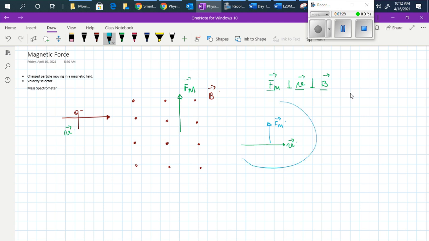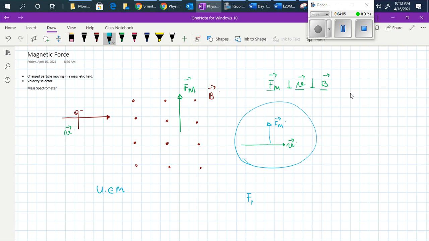When the velocity is perpendicular to the magnetic force, perpendicular to each other, then the type of motion that the object obtains is uniform circular motion.